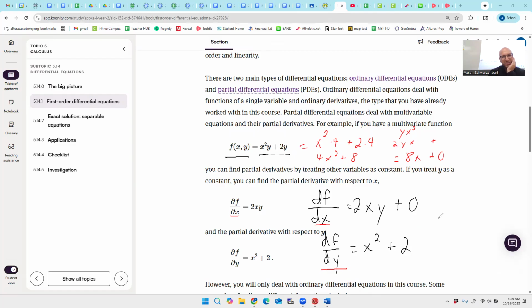Y is my variable. So x squared is my constant. I bring the 1 in front. Leave the x squared alone. Y to the 0. I have 2y. The derivative of 2y is 2.